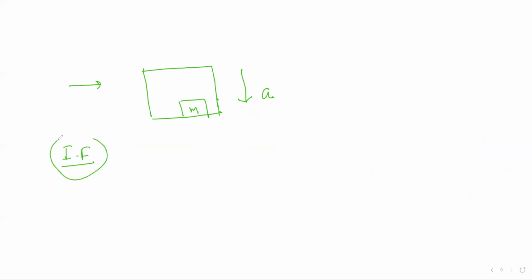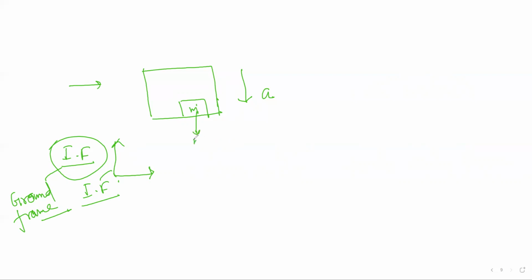Inertial frame means ground frame. There is a frame which is attached with the earth, so it is an inertial frame. So any observer in an inertial frame will observe that this mass is also coming downward with the same acceleration as that of the lift.